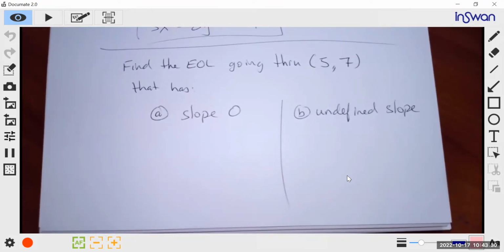Find the equation of the line going through those two conditions. We talked about this not too long ago.